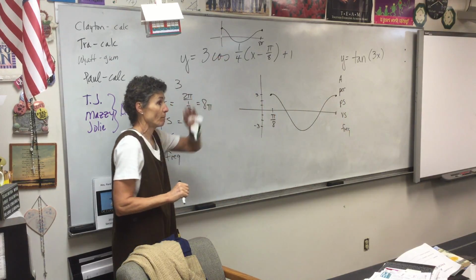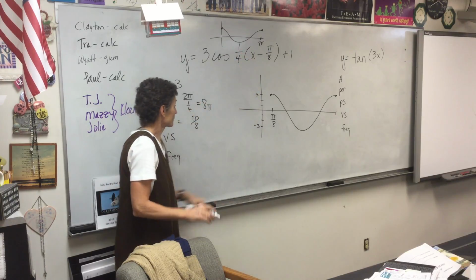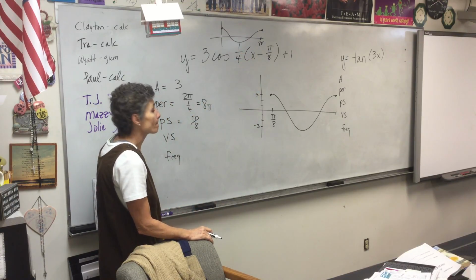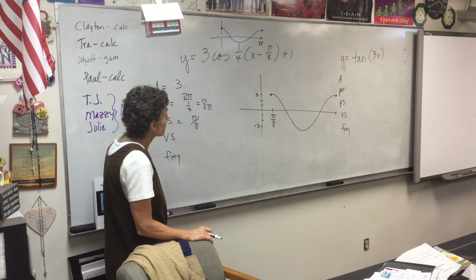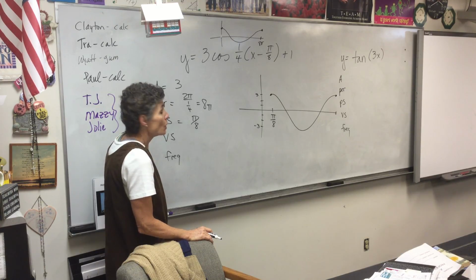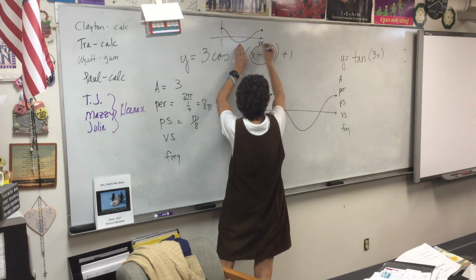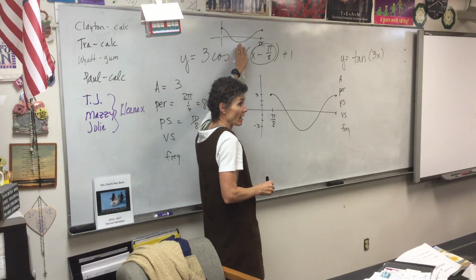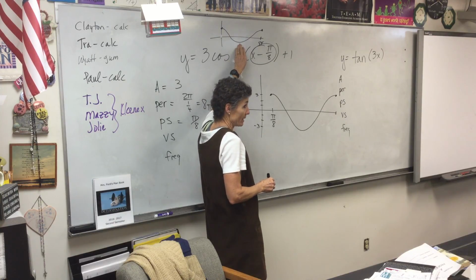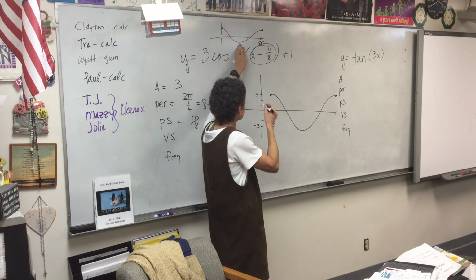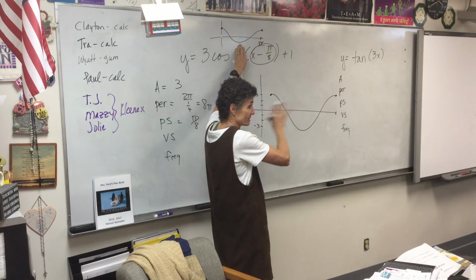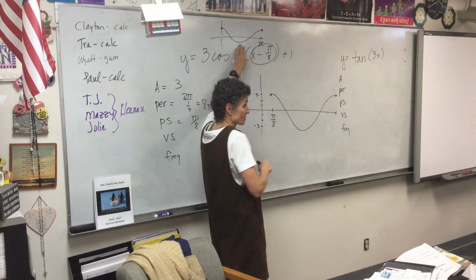That's what positive cosines do. You wouldn't need to multiply pi over 8 times the 1/4 for the phase shift. No. That affects the period. This is your phase shift right here, whatever is added or subtracted to x. Once that period's been dealt with, everything else is just what it is.